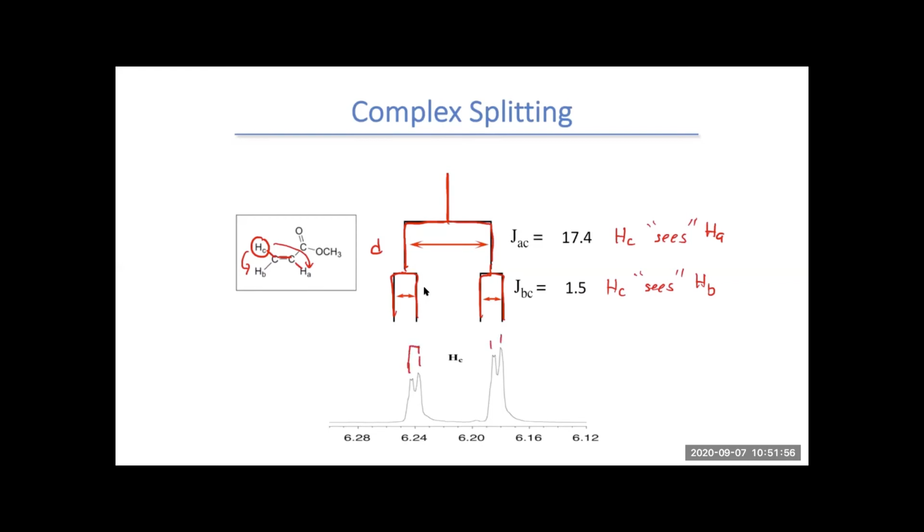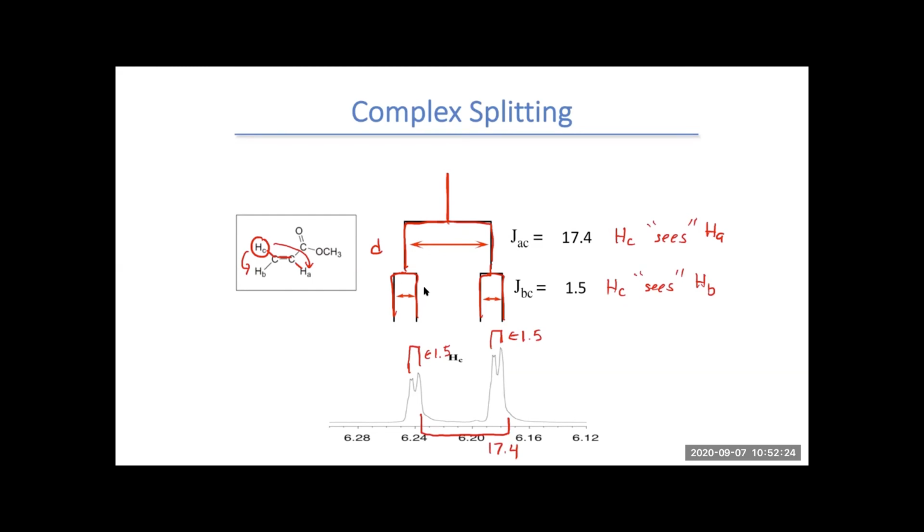And the distance between these 2 peaks and these 2 peaks, that is that 1.5 hertz. And then the distance between our second peak and our fourth peak, that's our 17.4 hertz.